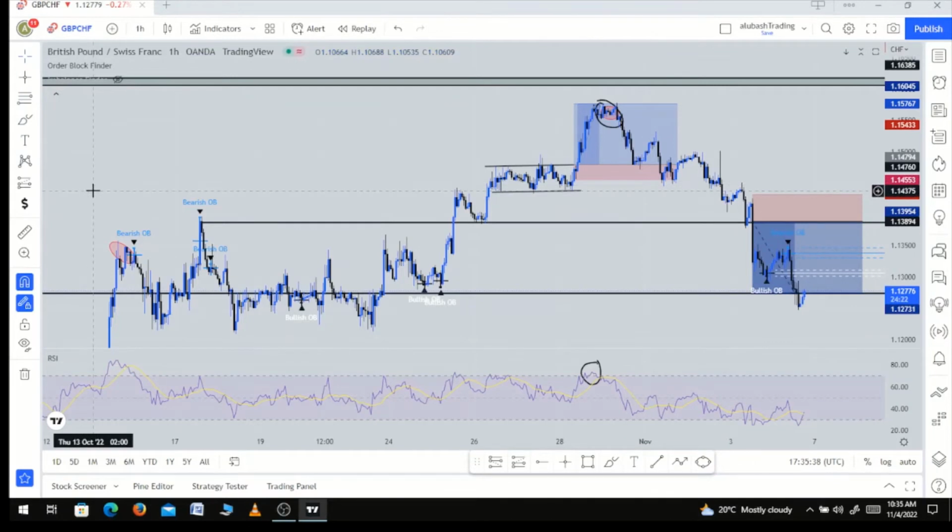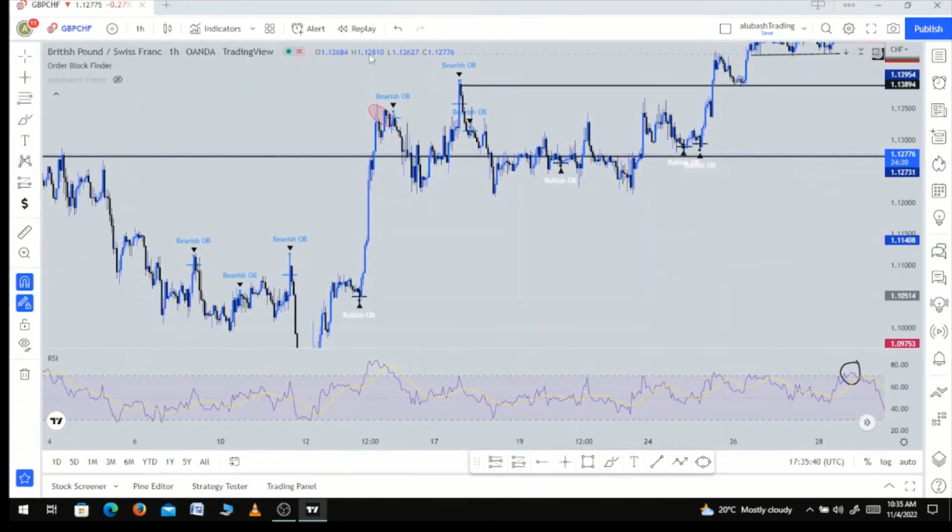Let me give you another example. Like you see here, let me show you this side. Here and here. The market is overbought, like you can see.